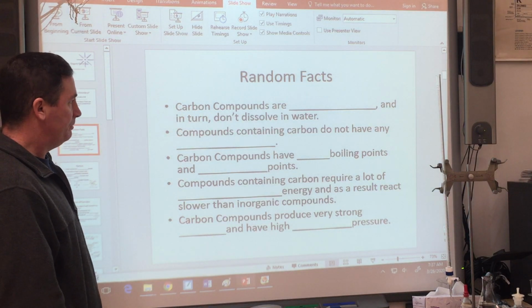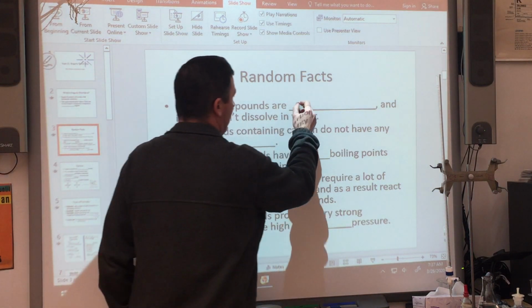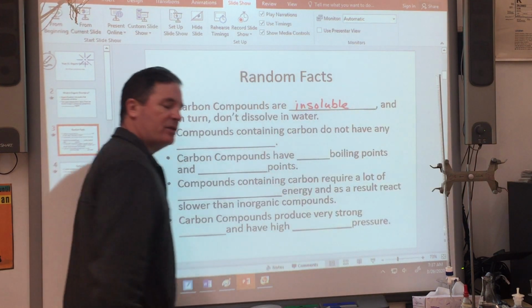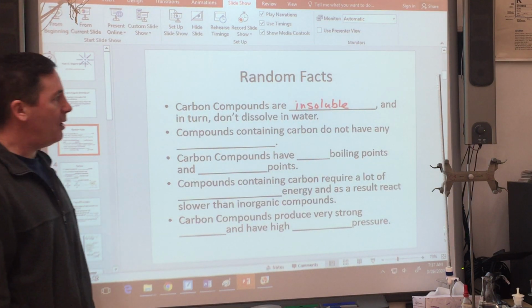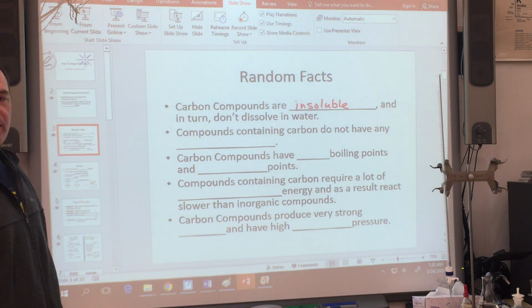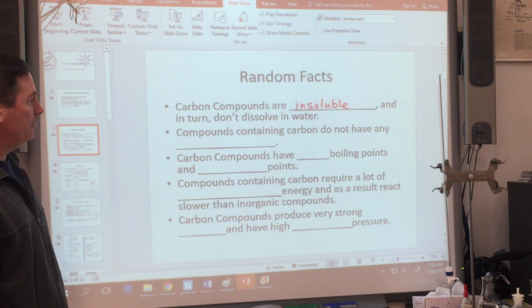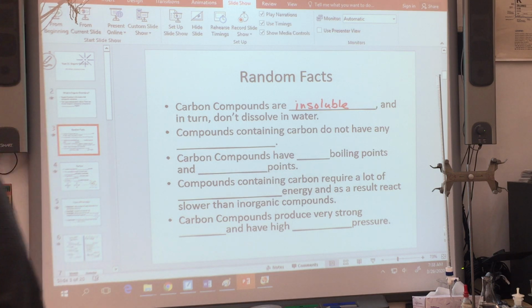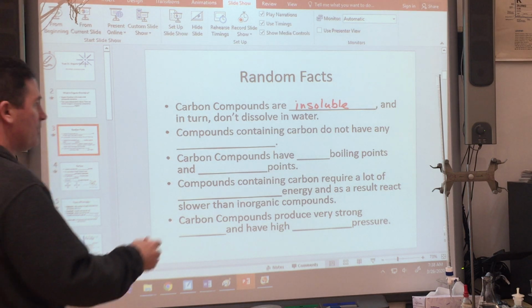Carbon compounds are insoluble. There are a few exceptions for that, but for the most part, they do not dissolve in water. Compounds containing carbon do not have any electrolytes.